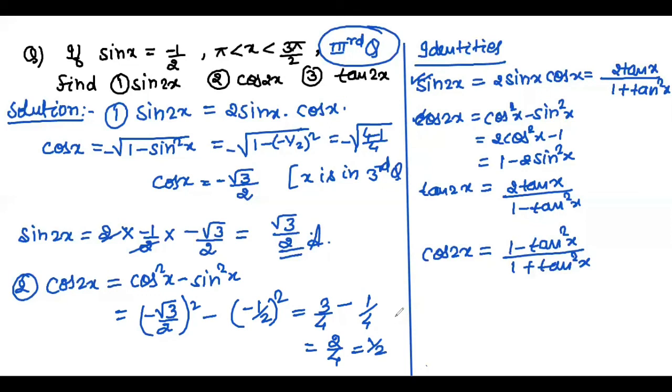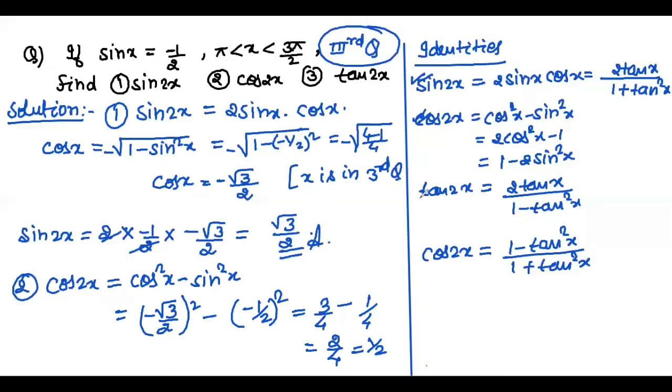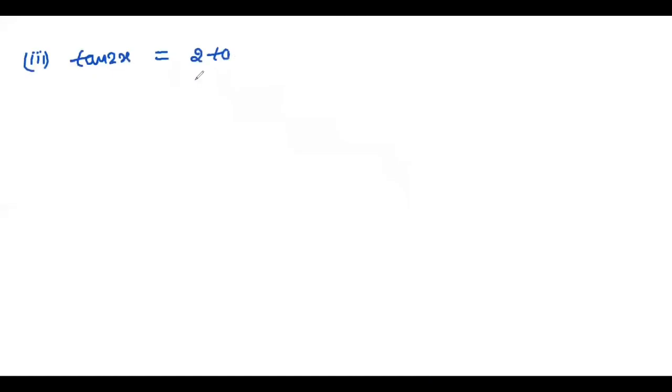Now next, the third one, tan 2x, we will find out. We can use this formula, tan 2x equals 2 tan x by 1 minus tan square x.